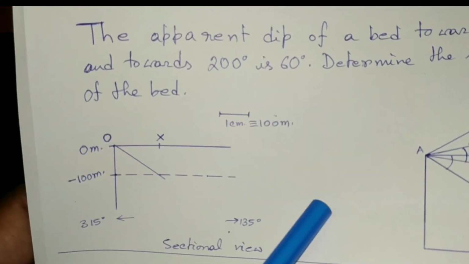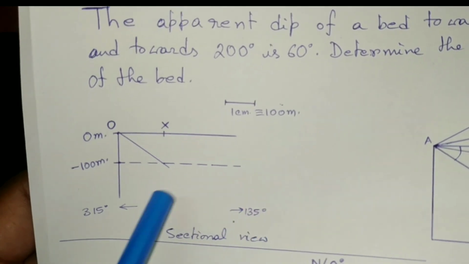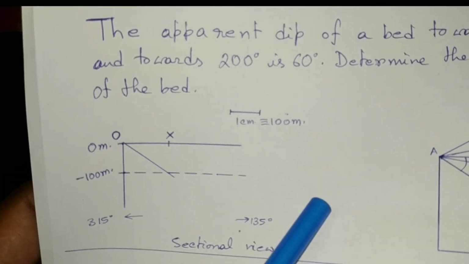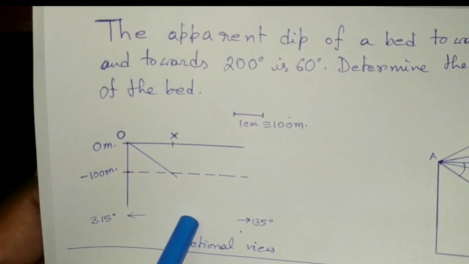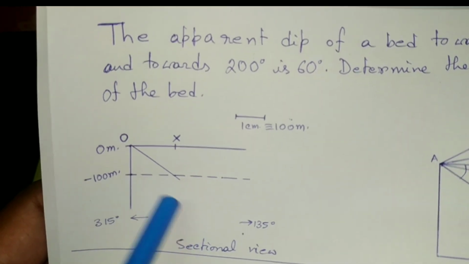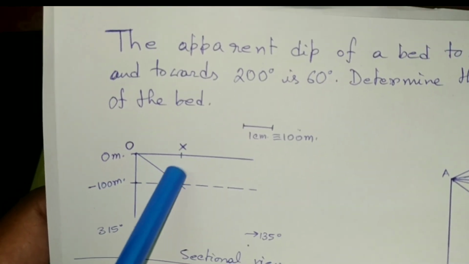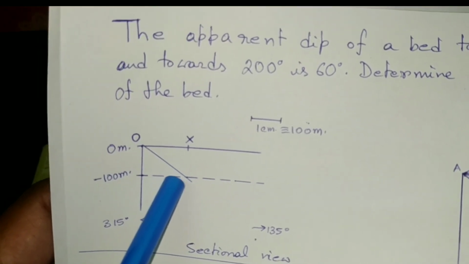Instead of drawing another section, it will save your time, but in the exam you do it separately, don't take the risk. But for normal calculation, for saving time, you can do the same exercise in one single auxiliary vertical section.